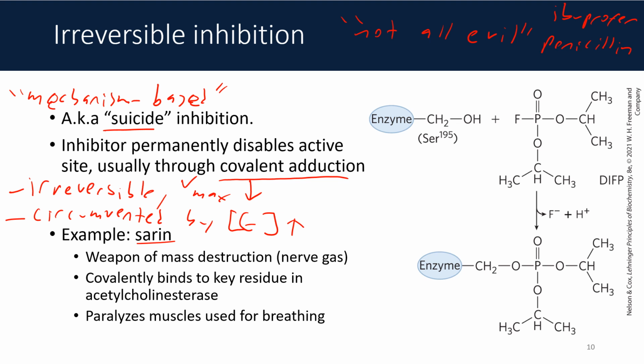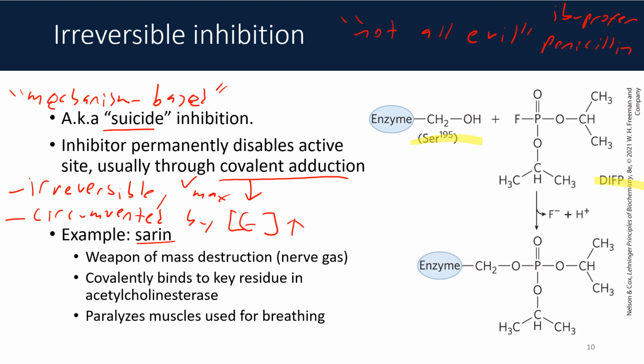How nerve gases like sarin work is they are volatile organophosphate compounds like the one shown over here. And these will react with the catalytic residues of the enzymes that they destroy.